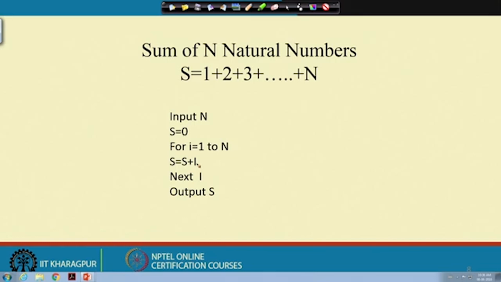To implement it, I need 3 variables and one adder, and the rest of the things we will see whenever we draw the corresponding architecture. Okay.